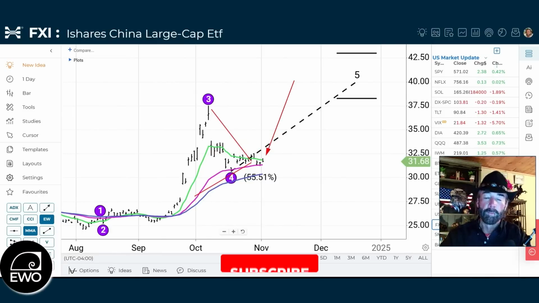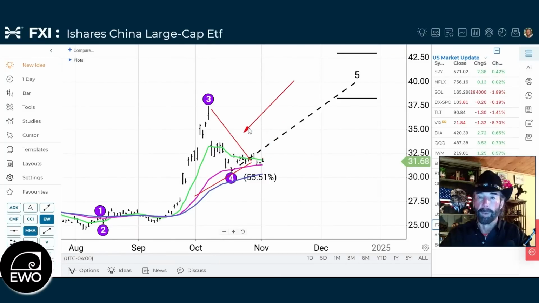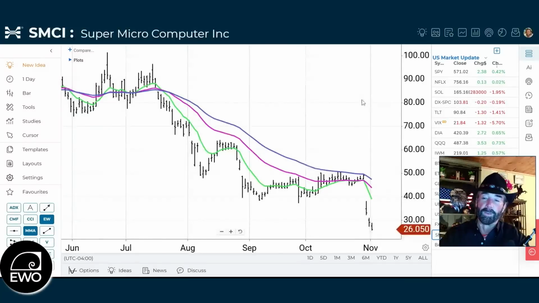KWEB's another one if you wanted to look at it, but perhaps now might be an opportunity to take a flyer on something China-based, especially when things are getting a little squirrely here in the U.S. equities market. Look at the wave 4 right at 55%, so we could perhaps move up to that wave 5 and continue higher from there.